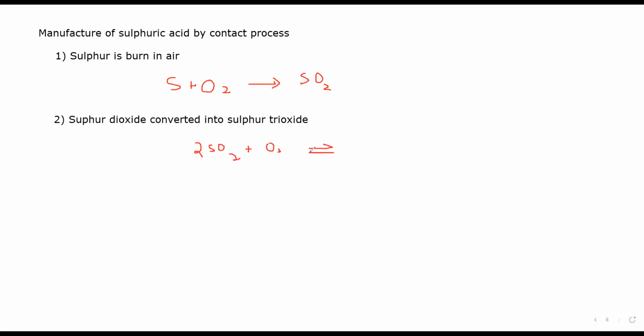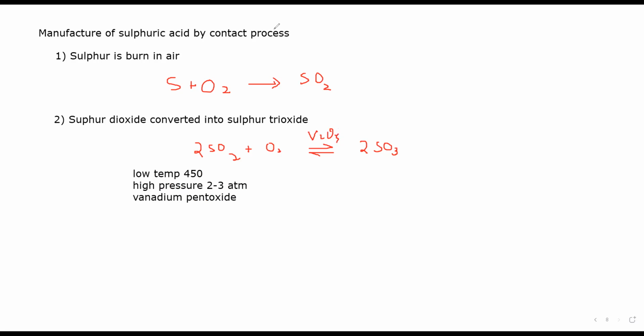We already discussed this part in the previous slide: for this conversion we use a low temperature, around 450 degrees centigrade. We use high pressure, but not too high, about 2 to 3 atm. And we use the catalyst vanadium pentoxide to speed up this reaction.